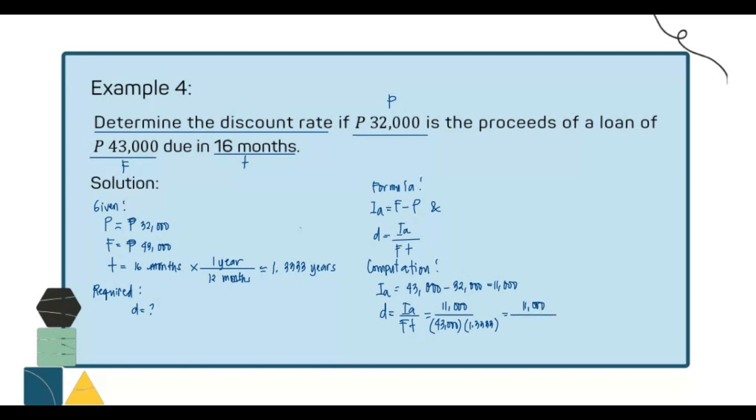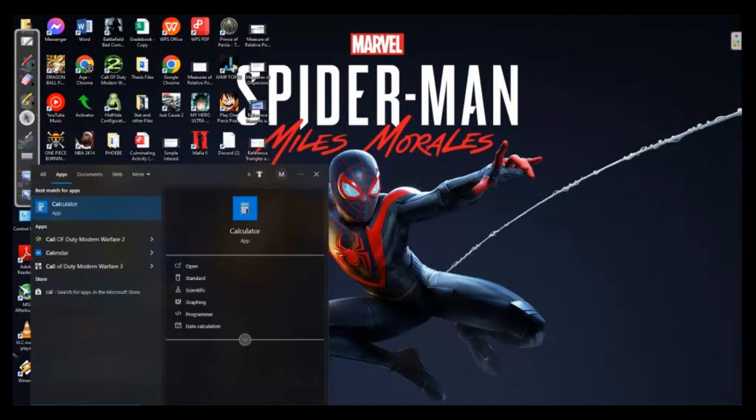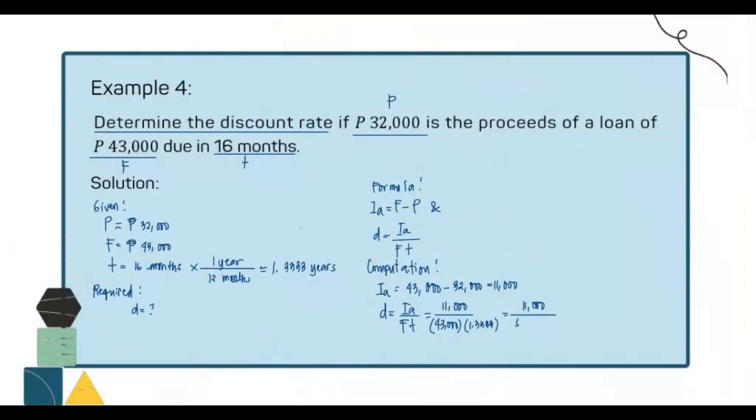But we first calculate 43,000 times 1.33, or those values in the parentheses. Let me use the calculator for that. 43,000 times 1.3333 is 57,331.9. So we make use of that and then divide 11,000 by it.